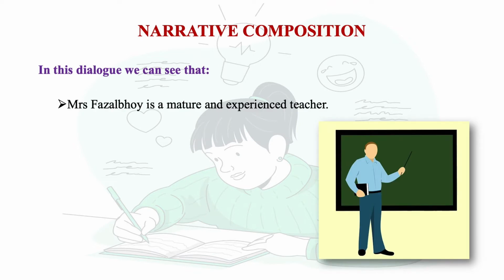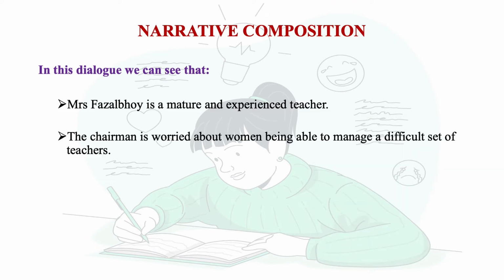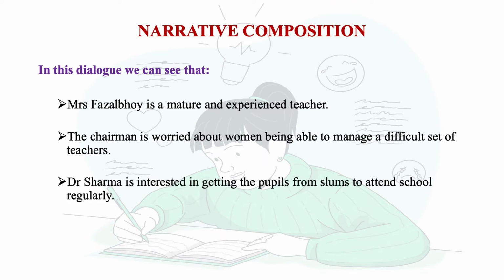In this dialogue, we can see that Mrs. Fuzzleboy is a mature and experienced teacher. The chairman is worried about women being able to manage a difficult set of teachers. Dr. Sharma is interested in getting the pupils from slums to attend school regularly.